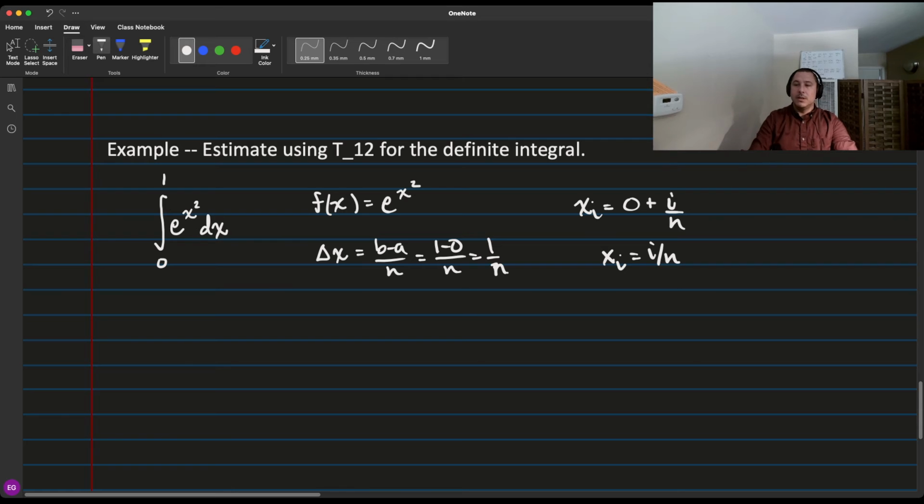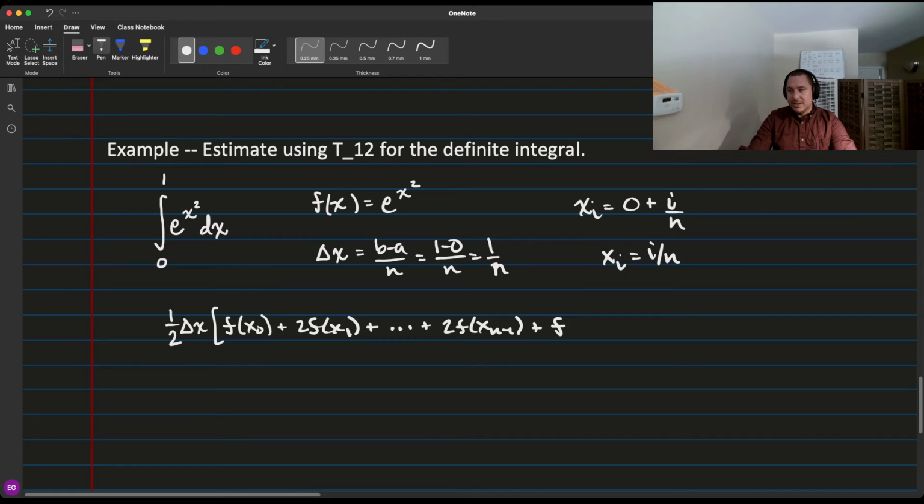Okay, so what's the formula? It's 1/2 of delta x times f of x0 plus 2f of x1 plus ... 2f of x_(n-1) plus f of x_n.